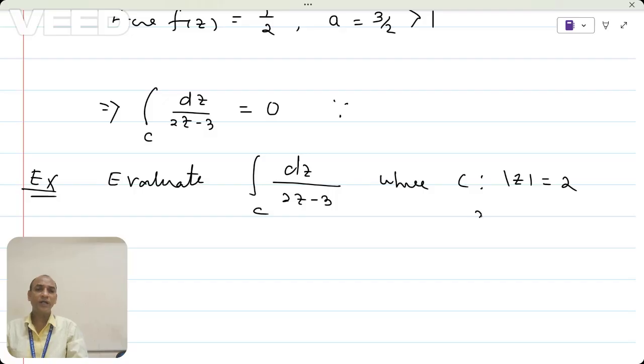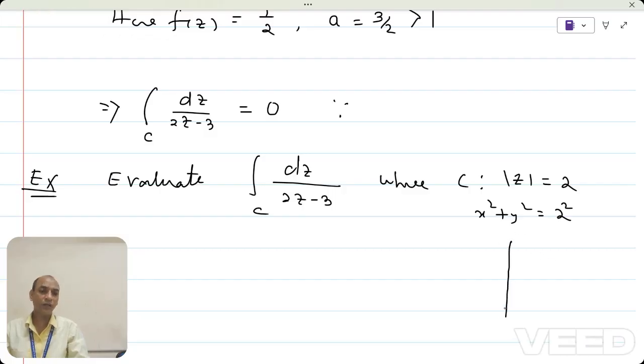So here x square plus y square equal to 2 square. That means it is a circle with radius 2, center at origin. So we can draw a circle with center at origin and radius 2. On the positive x-axis it is 2, on the negative x-axis it is minus 2, on the positive y-axis it is 2, and on the negative y-axis it is minus 2.